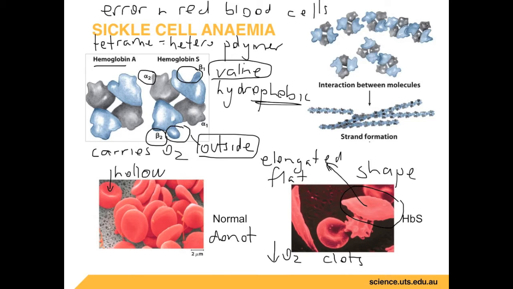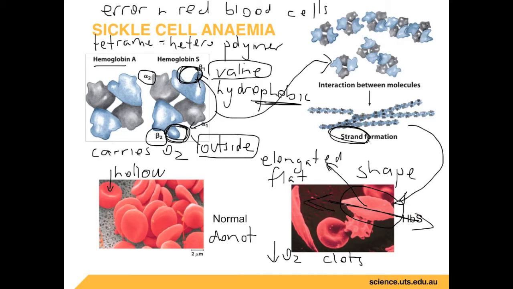But valine is a hydrophobic amino acid and doesn't want to interact with water, which is polar and hydrophilic. So therefore, these valine residues interact with each other. And this causes the molecules of hemoglobin to come together and form strands. These strands sit in the cytoplasm and push out the sides of the cell, which gives us that sickle shape.